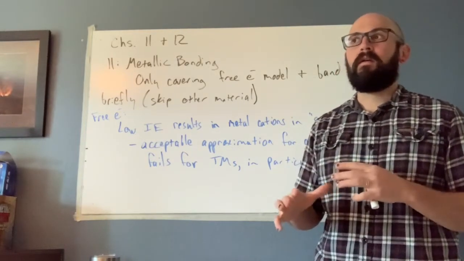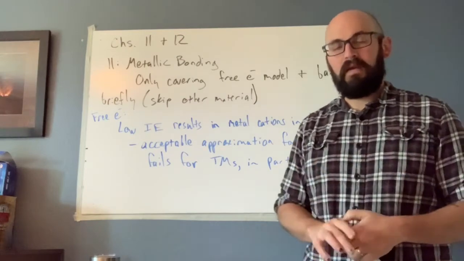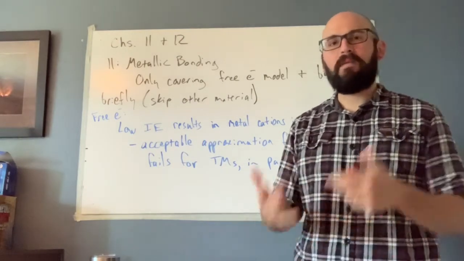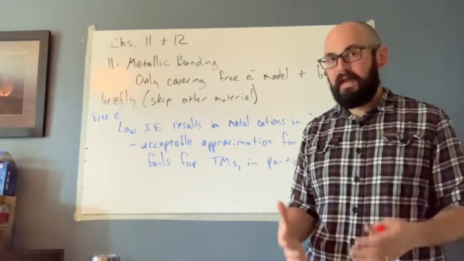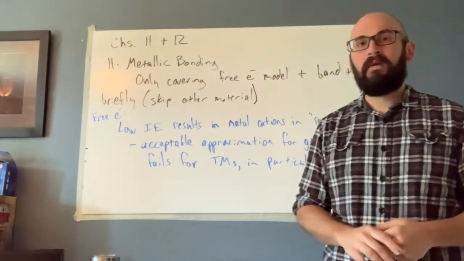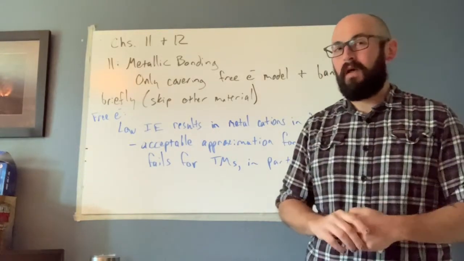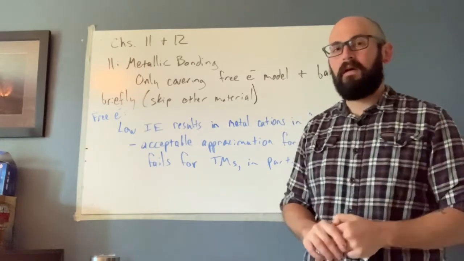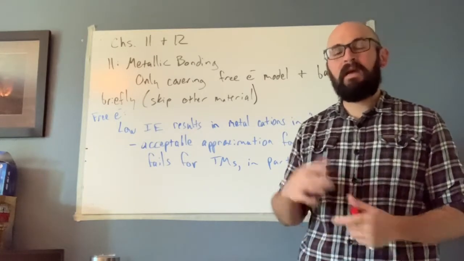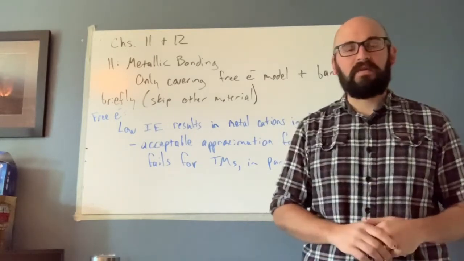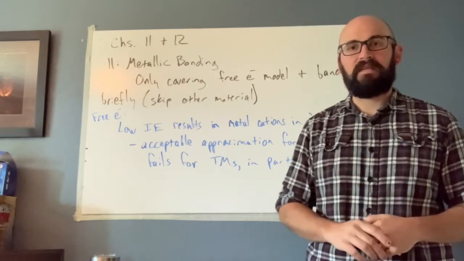So they can be manipulated without breaking the structure itself. This has to do a lot with the close packing of the atoms that are in that system, and then also, of course, the delocalization of electron density.